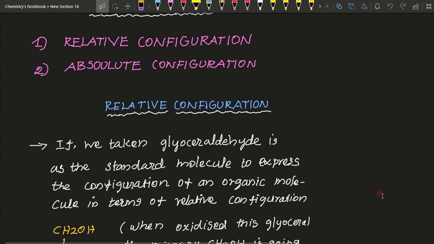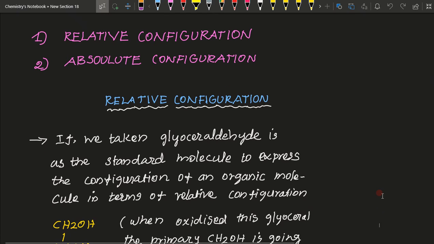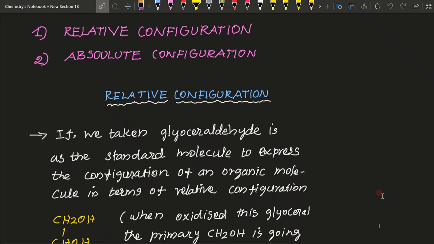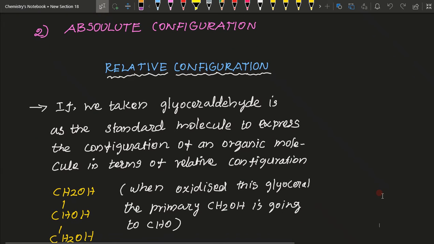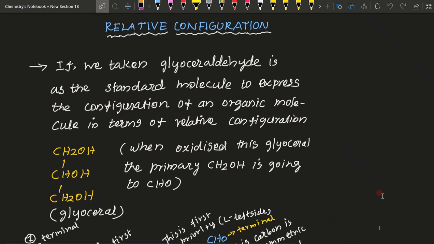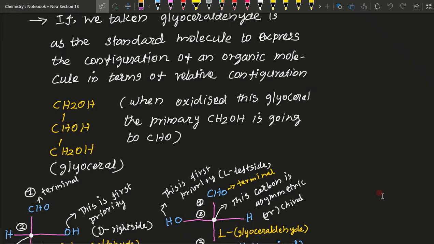Say we take glyceraldehyde as the standard molecule to express the configuration of an organic molecule in terms of relative configuration. Here glyceraldehyde is the standard molecule. See the structure below: CH2OH, CH2OH, CH2OH.